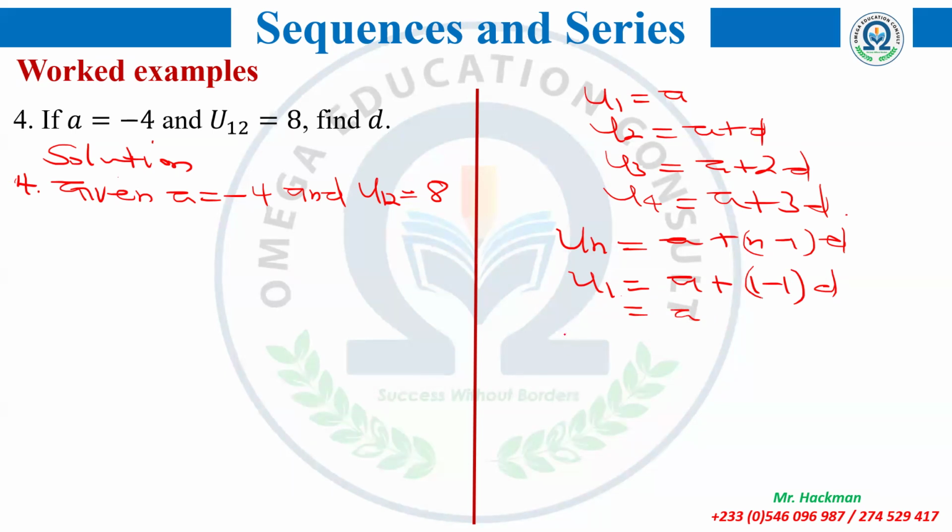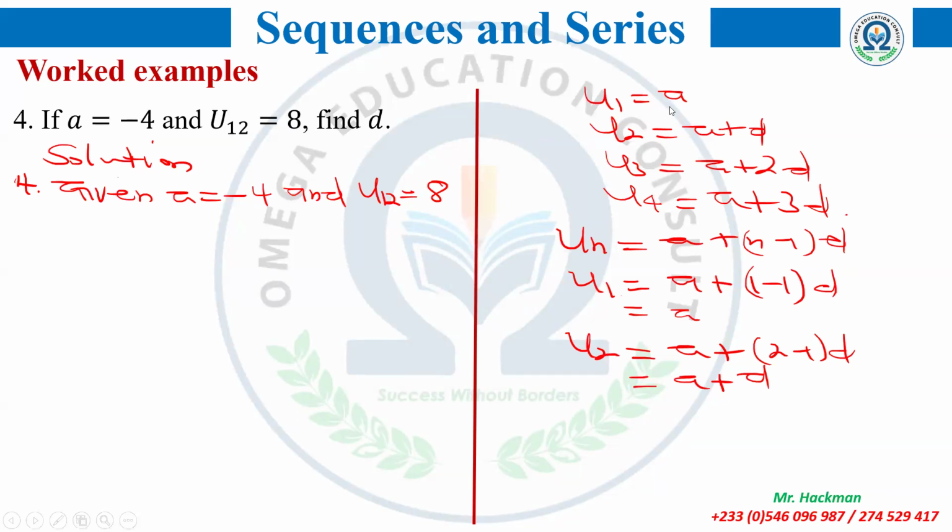Okay, now let's go for U sub 2. U sub 2 will be equal to A plus, you know your n, so it will be 2 minus 1 times D. So you are going to get A plus 2 minus 1, which is 1, so 1D, that will give you D. And again, once you know that U sub 1 is A, for any AP, if you want to get the next term, remember we said you have to get the next term by adding a common difference.